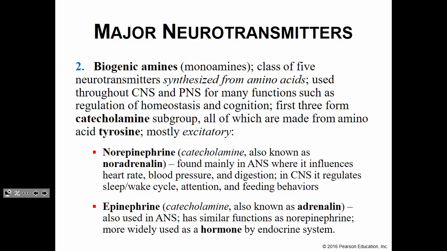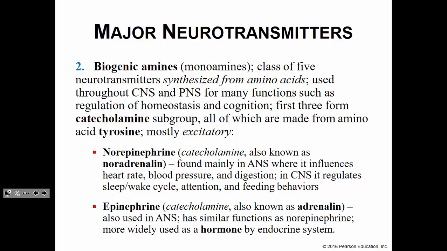The first 3 form a catecholamine subgroup, and they're all made from the amino acid tyrosine, and they're mainly excitatory. Within this group, we have norepinephrine, and we find this mainly in the autonomic nervous system. It influences your heart rate, your blood pressure, and digestion. And then we find it in the central nervous system, regulating your sleep-wake cycle, your attention, and your feeding behaviors.